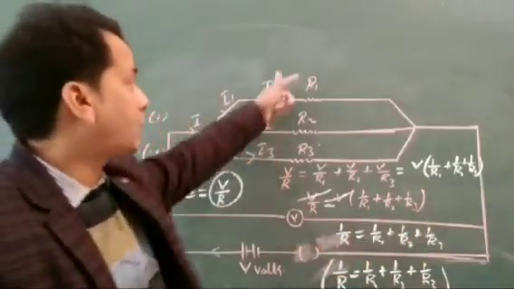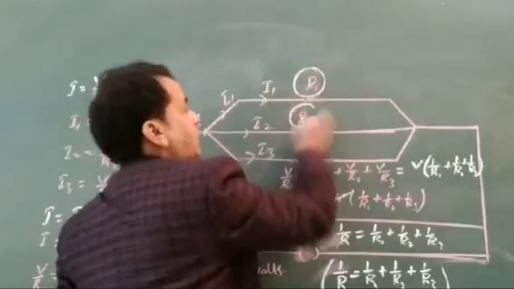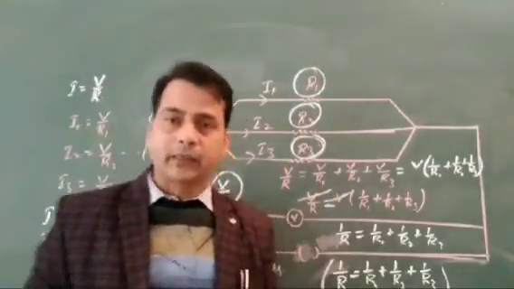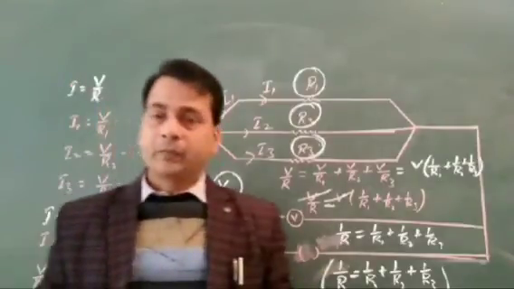So here R1, R2 and R3 are the three resistors used in the circuit, connected in the parallel combination.